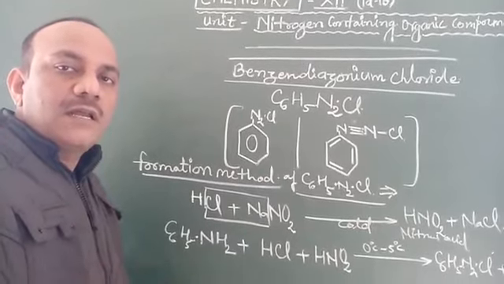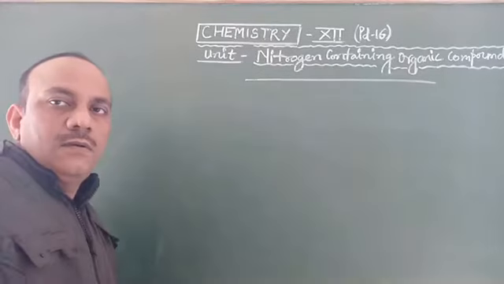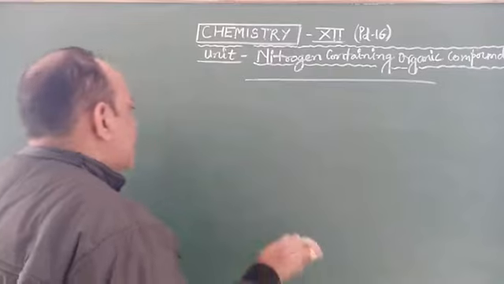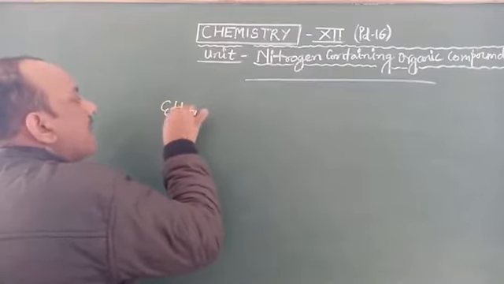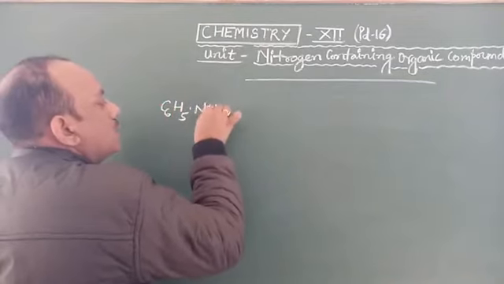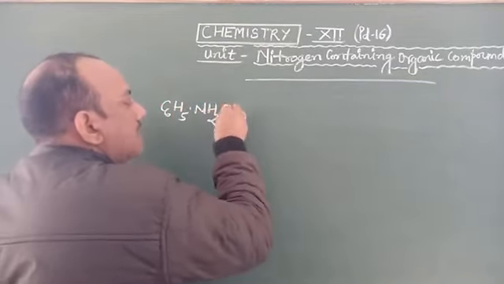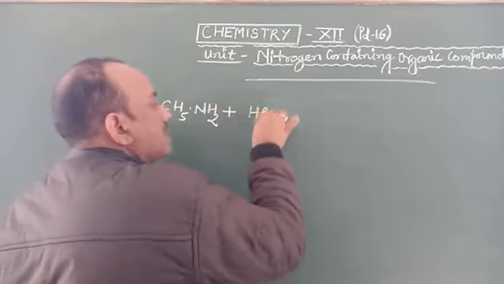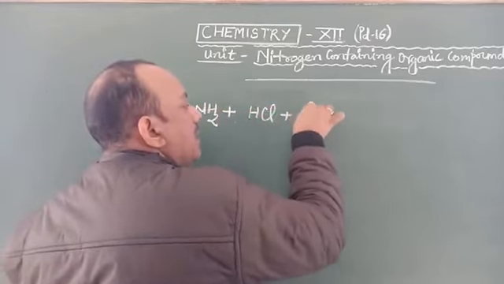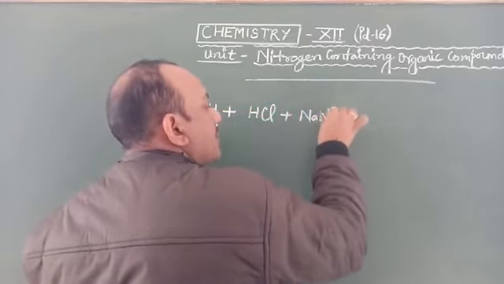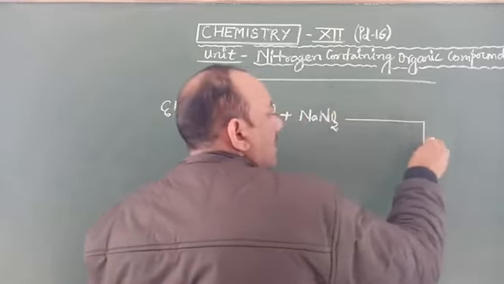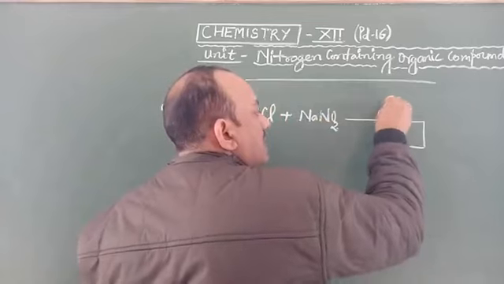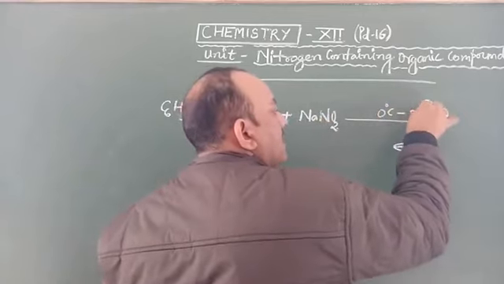C6H5NH2 reacts with hydrochloric acid HCl and NaNO2, sodium nitrite, in cold weather near about 0 degrees Celsius to 5 degrees Celsius.